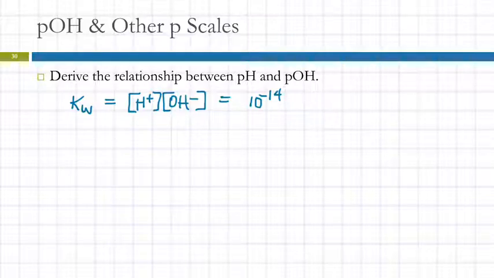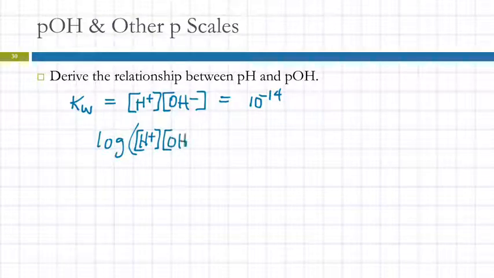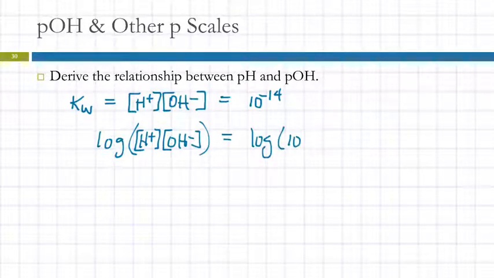Well, if we want this to be logarithms, then we need to take the log of stuff, right? So if we take the base 10 log of both sides, the log of 10 to the minus 14 is what? It's minus 14.